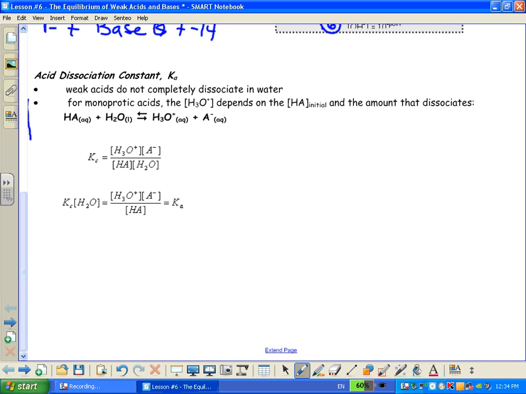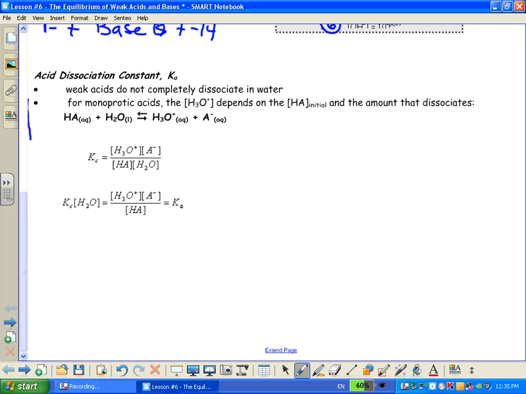So remember, strong acids, about 99% of it dissociates. Weak acids, only about 1% dissociates. For monoprotic acids, mono meaning 1, the concentration of the hydronium ions depends on the concentration of the initial acid and the amount that actually dissociates.